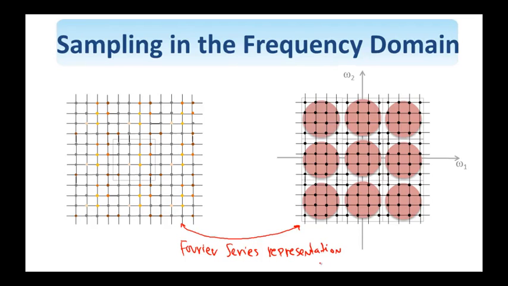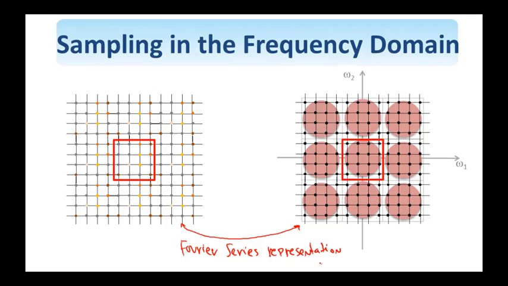Now, one period in the frequency domain corresponds to one period in the spatial domain, and in showing this here, I've chosen the sampling in the frequency domain to be done critically, so I have the same number of samples in one period in both the spatial and frequency domains.